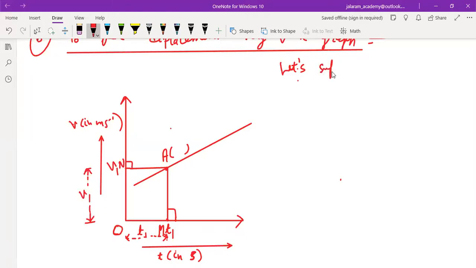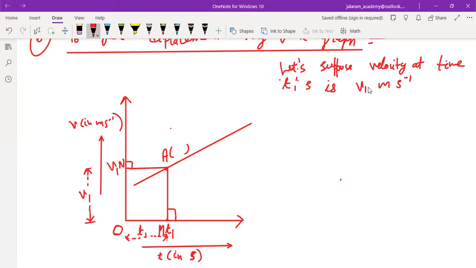So let's suppose velocity at time t1 is v1 meter per second, t1 second.